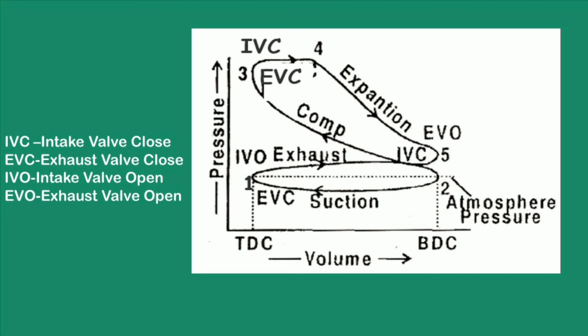The second stroke is the compression stroke. Refer to the line diagram, actual heat cycle 2 to 3, in which the piston moves from bottom dead center to top dead center. At the end of the compression stroke, atomized fuel is added to the charge.